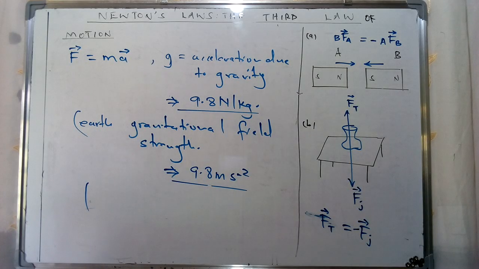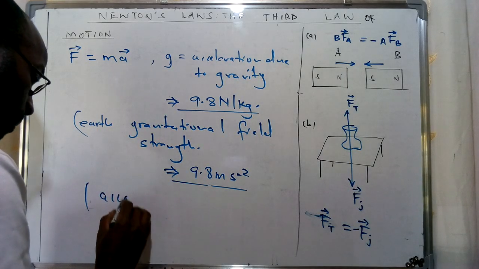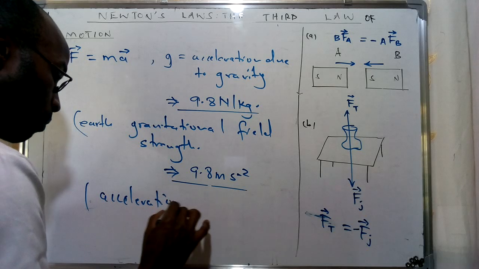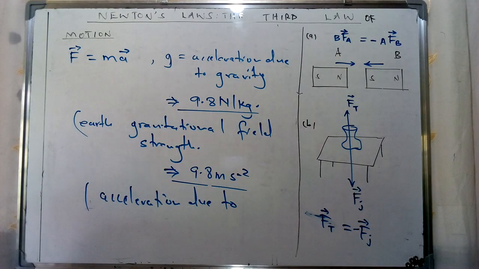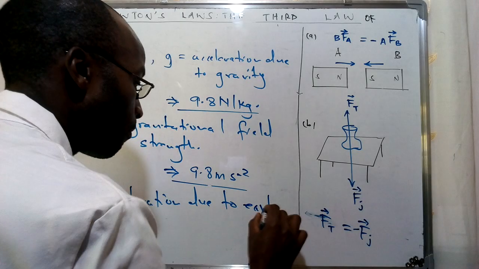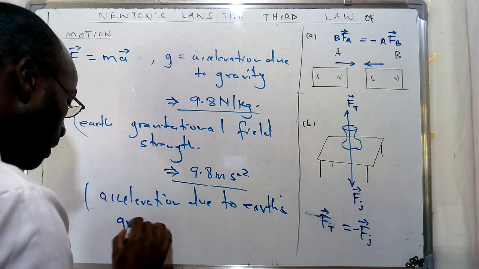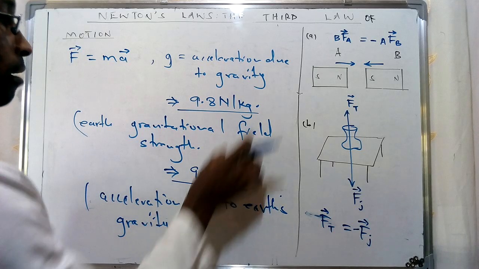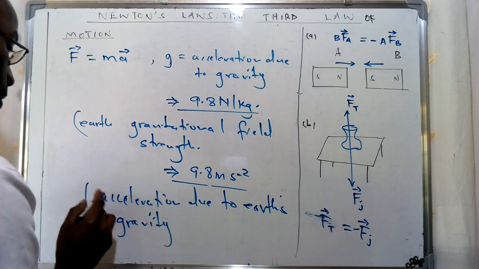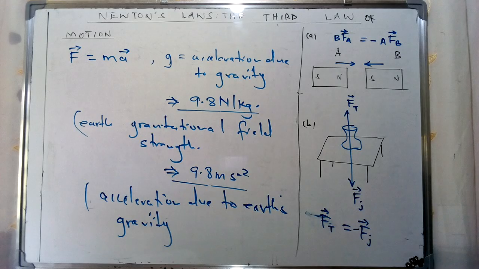So we can have this one as acceleration due to the Earth's gravity, given in this specific form. So kindly take note of these dimensions which have been given, so that in case we come across them, we apply them appropriately.